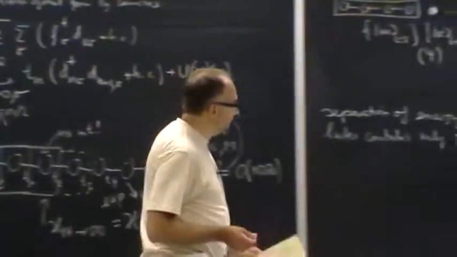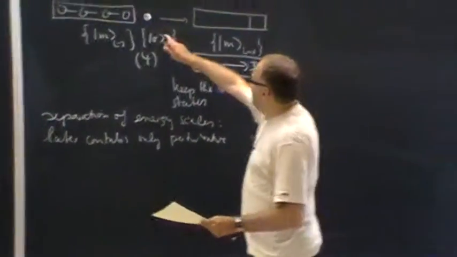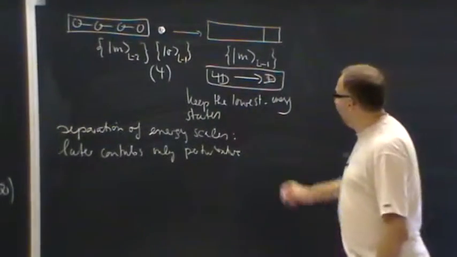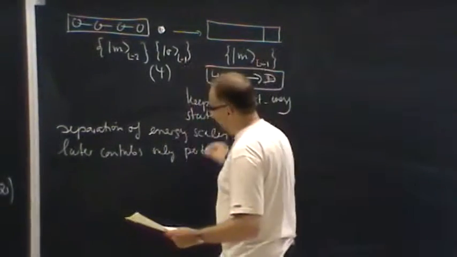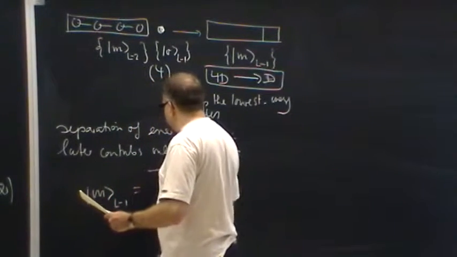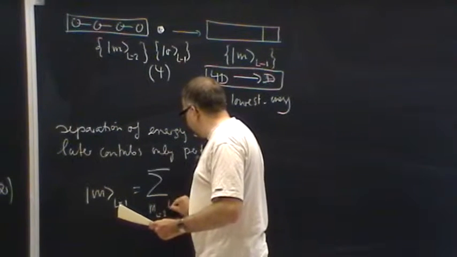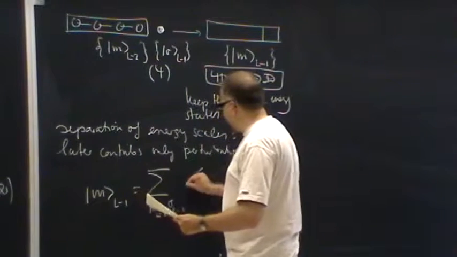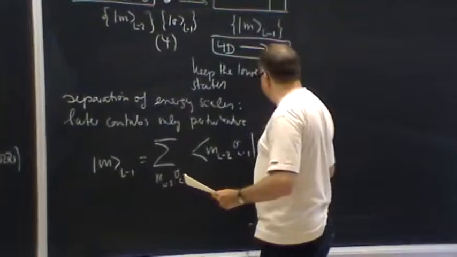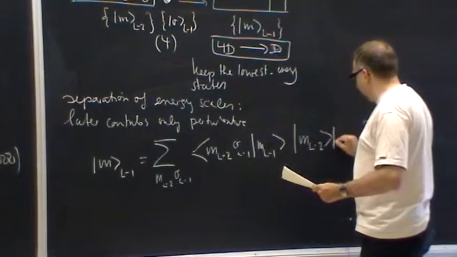But what we can do, without understanding too much about this, is to say, well, does this relate somehow to DMRG? Obviously, these new states M_{L-1} are a linear combination of M_{L-2}, sigma_{L-1}, and these states here.